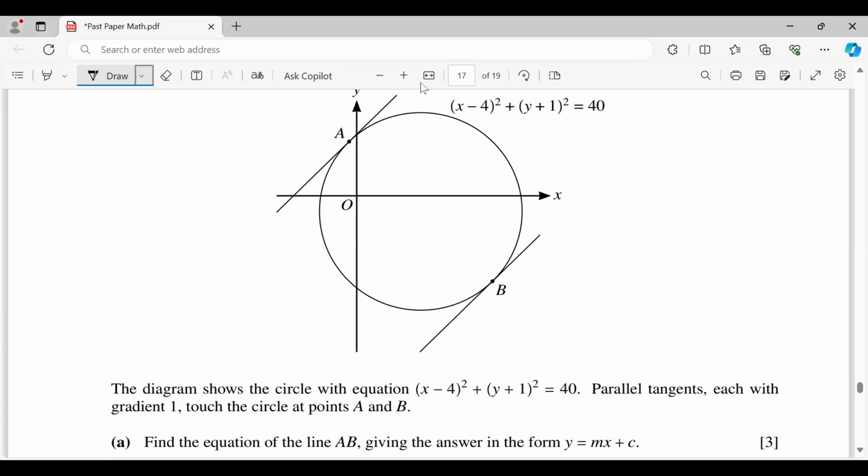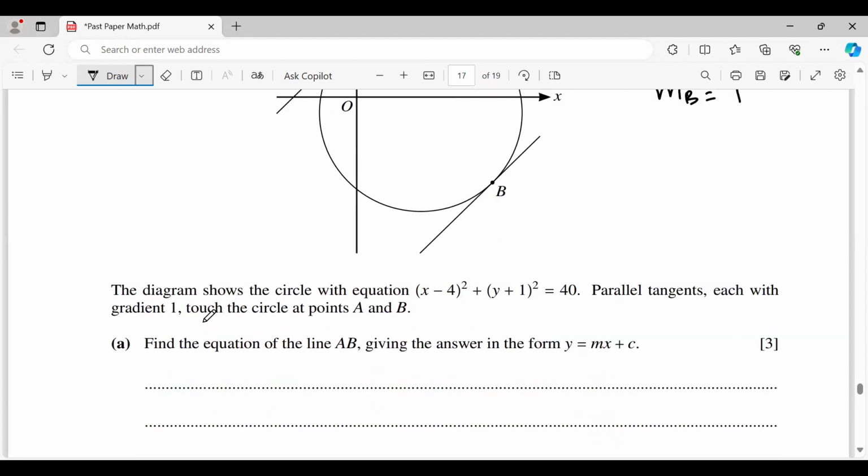So this straight line A and straight line B are parallel to each other, and each has gradient equals 1. They touch the circle at points A and B.